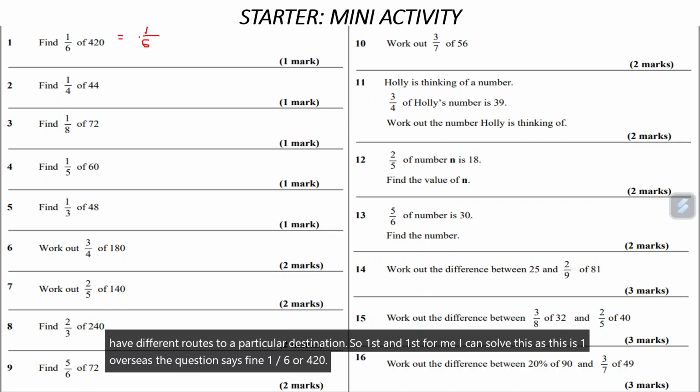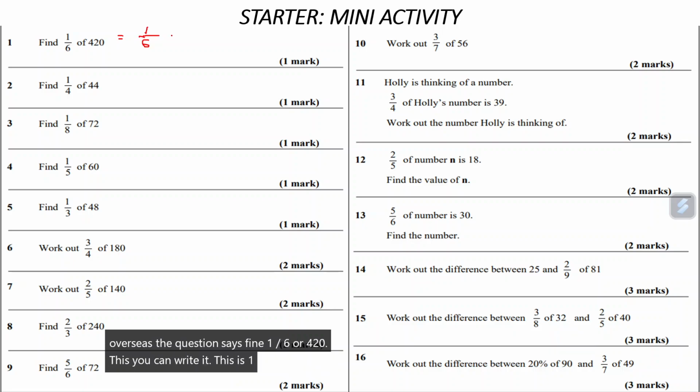So you can write it this way, 1 over 6 times 420. Remember, "of" in maths is all about multiplication.